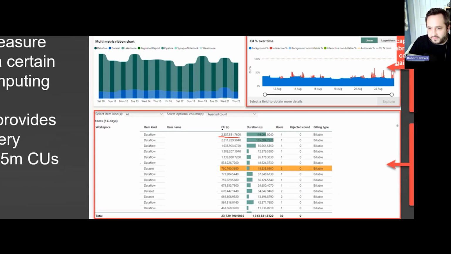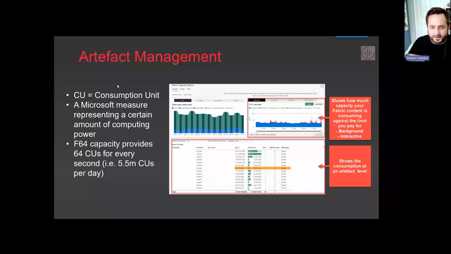Because if we look at this dataflow here, it's taking over 14 days, it's taking 2.3 million consumption units out of our capacity. If you think you've got maybe a couple of hundred dataflows, that's quite a big number, and you do want to start thinking about how that could perhaps be reduced.